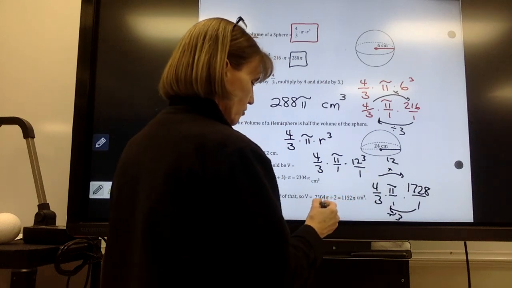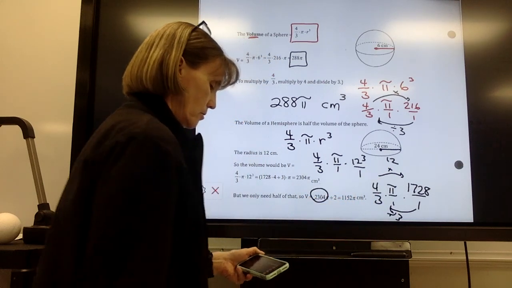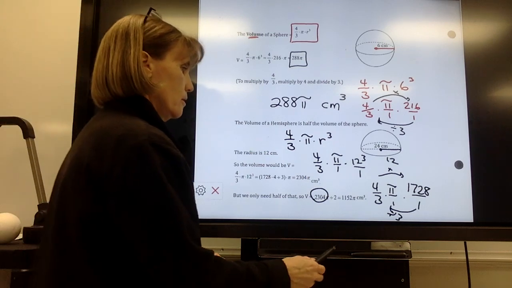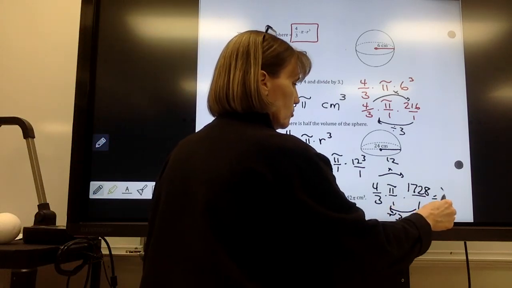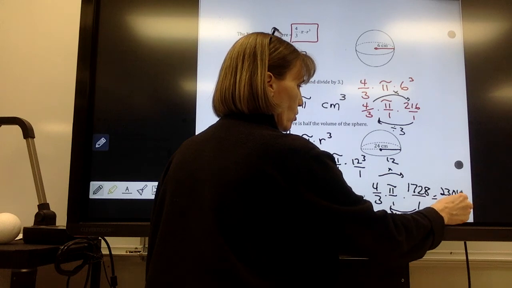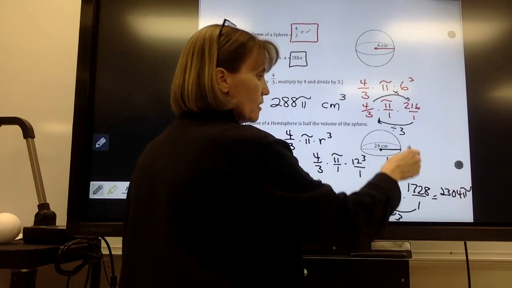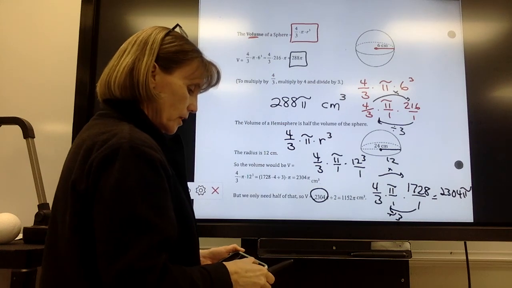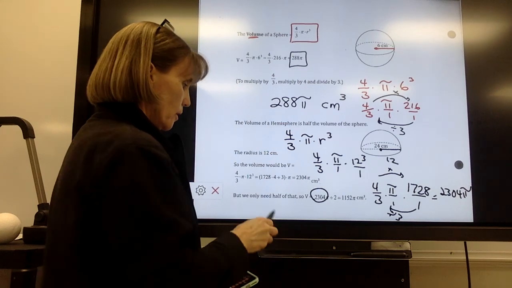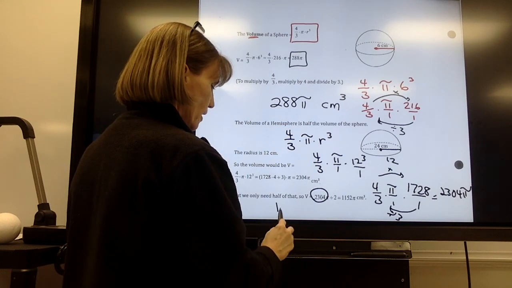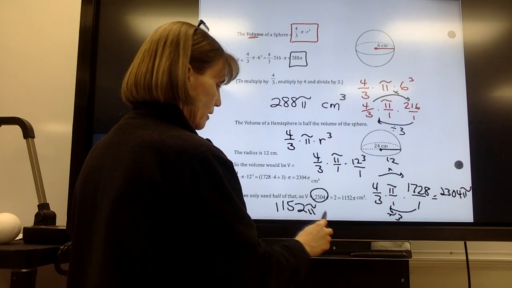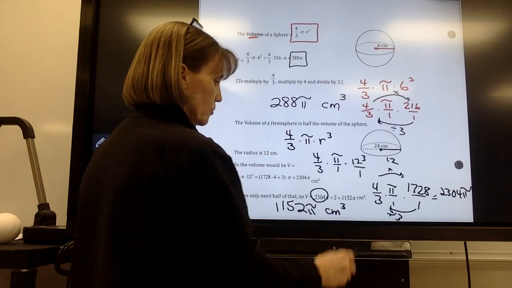I get 2,304 pi. But remember, we don't see the full sphere. We're only seeing half the sphere. So we've got to divide that answer by 2. And we get 1,152 pi centimeters cubed.